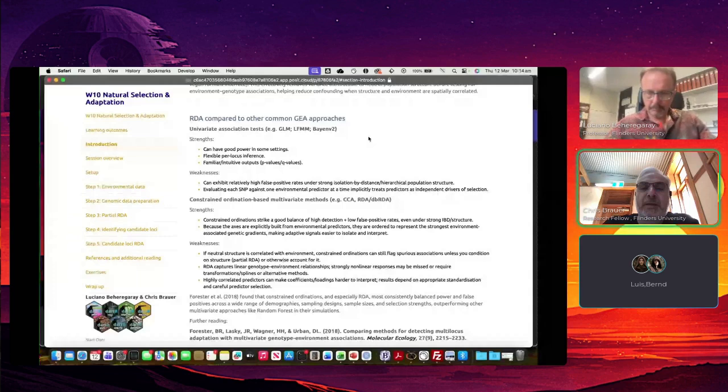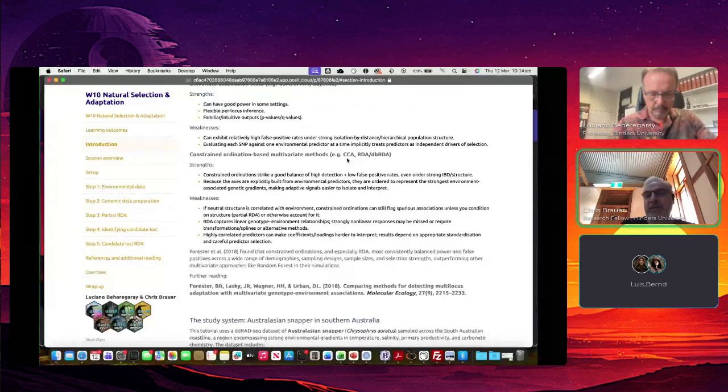It's not straightforward to run each one separately and then try to merge your results together and interpret everything as one. So I really like the ordination methods like RDA, and there's a couple of other ones, CCA and distance-based RDA, which are all kind of similar.